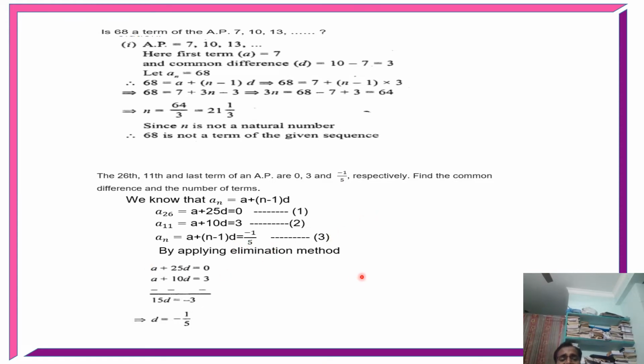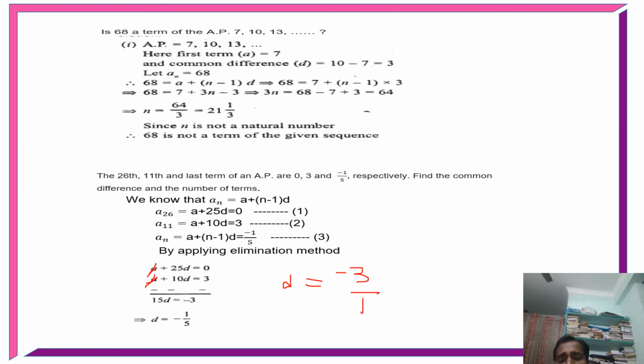By applying the elimination method, do subtraction because a and a cancel. After doing subtraction, the symbol will change. So a and a get cancelled. After that, 25d minus 10d, 15d, 0 minus 3, minus 3. If you do simplification, students, d equals minus 3 by 15.